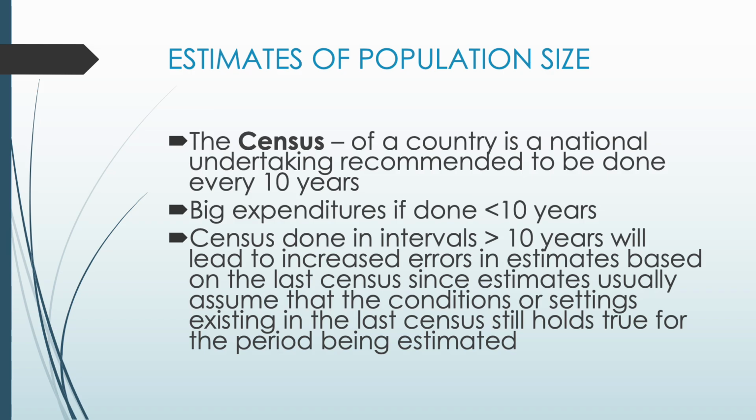The census of a country is a national undertaking recommended to be done every 10 years. If it's done less than 10 years, we would expect big expenditures. If it's done more than 10 years, this will lead to increased errors in estimates based on the last census, since estimates usually assume that the conditions or settings existing in the last census still hold true for the period being estimated.